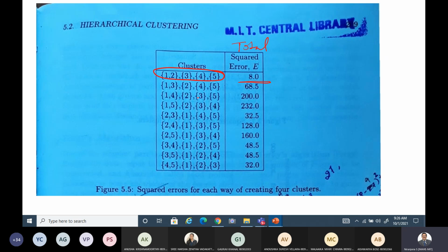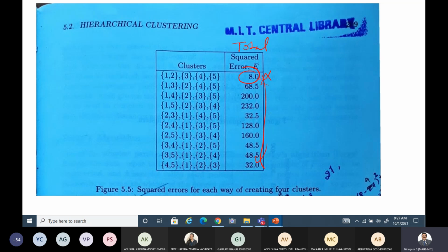Now you have to do this for all the possible combinations and choose the best one. Luckily, the first combination is the best one, which is minimum, but it is not always required to be the same. You check the minimum from the squared error table. Like here in the column, you have to check which is minimum.